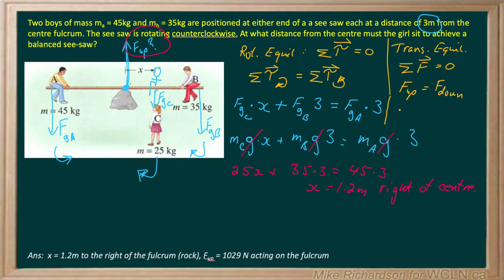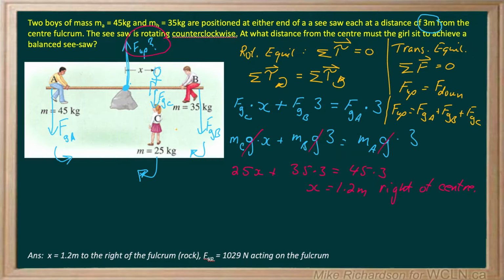Now force up is what we're trying to figure out. And force down are the 3 forces of gravity. FGA plus FGB, doesn't matter what order, plus FGC. Now I can work all of those out fairly easily. They're all just m times 9.8.